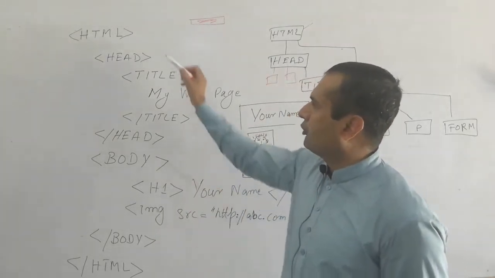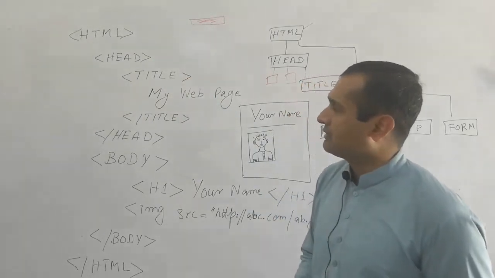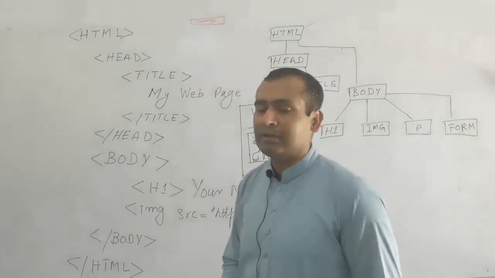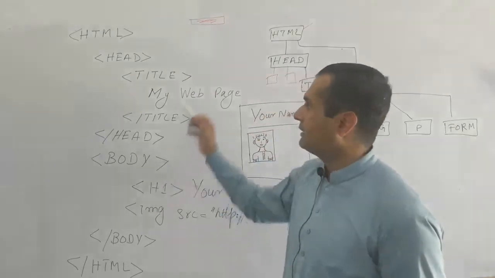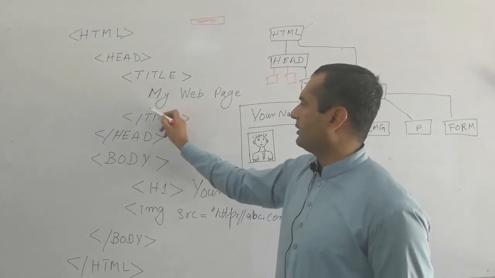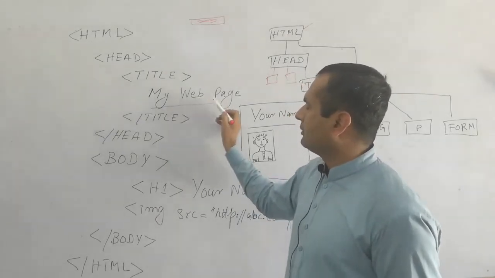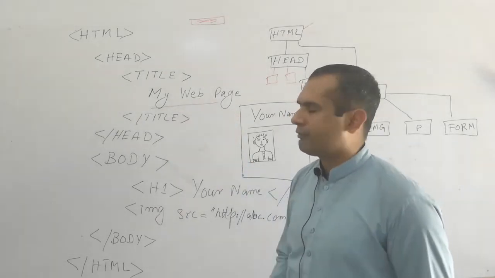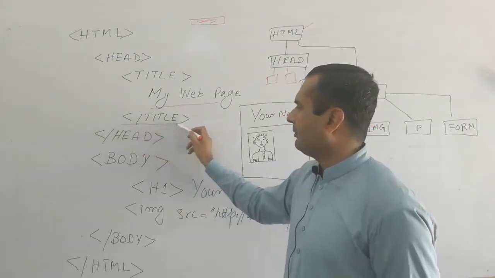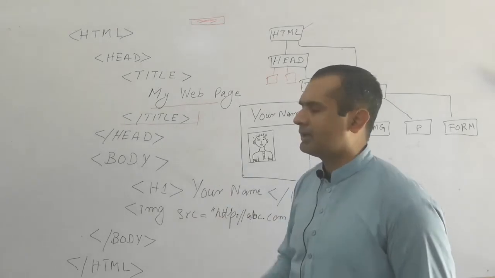Right now we have HTML as a root element, and in that we have a head element. Head contains a title element, and the title is my first web page. Now the objective of title has been finished, so we are delimiting it with an ending title tag.